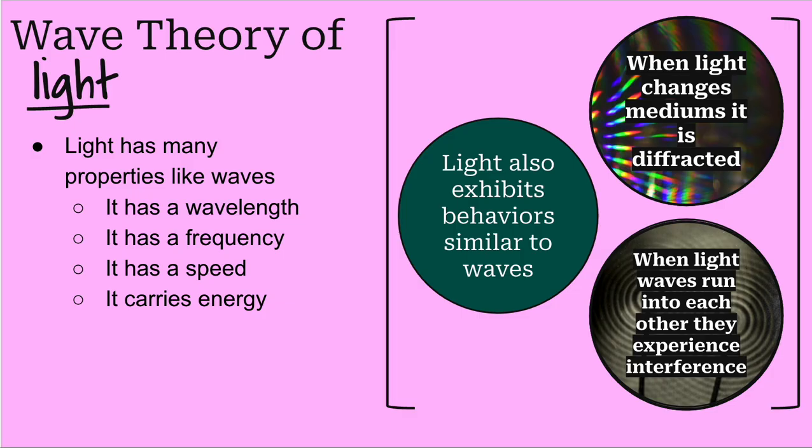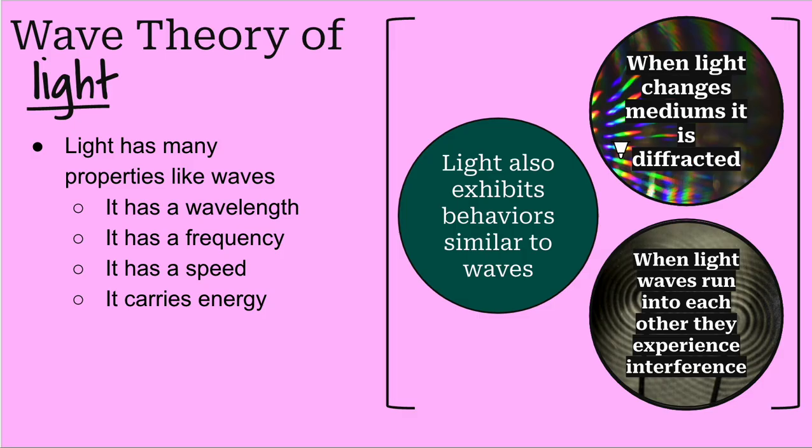Light has lots of properties that make it like a wave. It has a wavelength and a frequency and a speed, and it carries energy, all things that make it similar to waves. It also exhibits some of the wave behaviors that we talked about in our first lesson of notes. For example, when it passes through different mediums, it is diffracted.